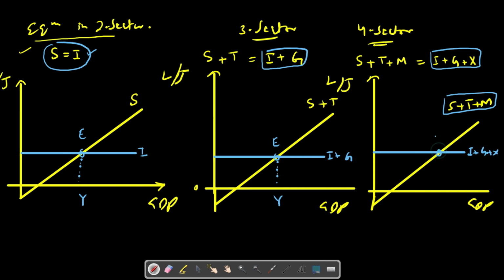Again this is the equilibrium point, and equilibrium national income or GDP will be this much. So this is how you can find equilibrium in two, three and four sector economies.